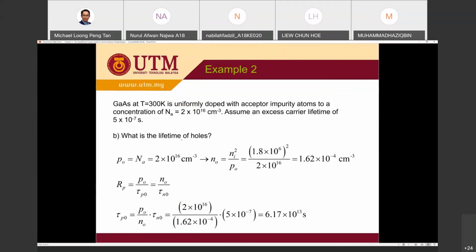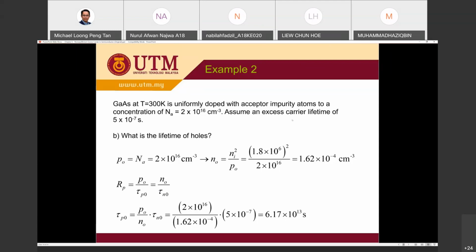They want the lifetime of hole. So you know that the recombination rate is actually for electron and hole, right? There's no prime here, and they want it for hole. So we know that PO divided by tau P equals NO divided by tau N. And you got this information for PO and NO.